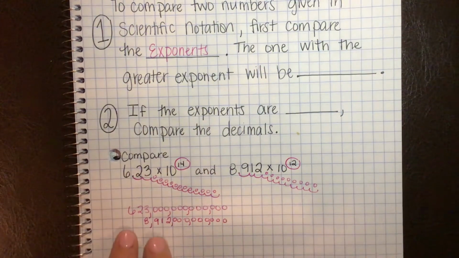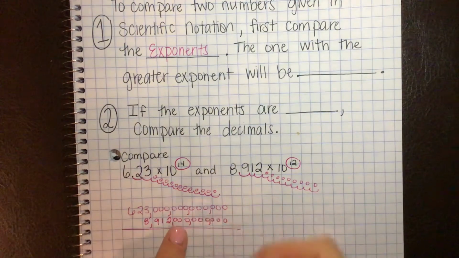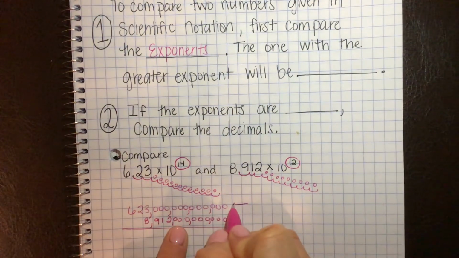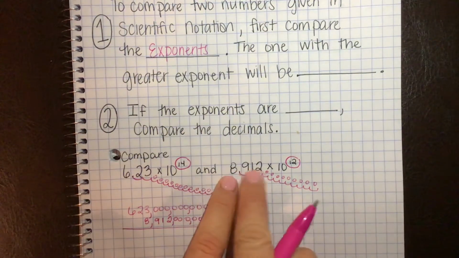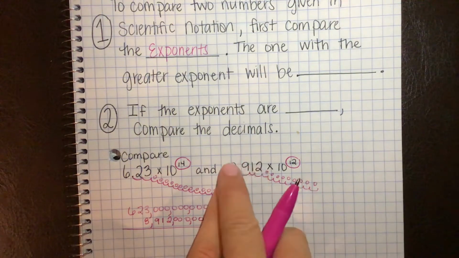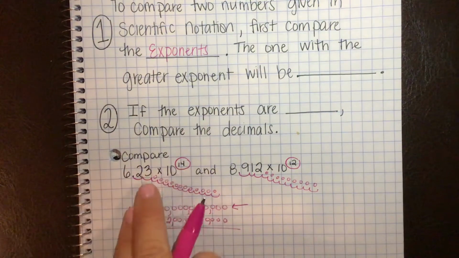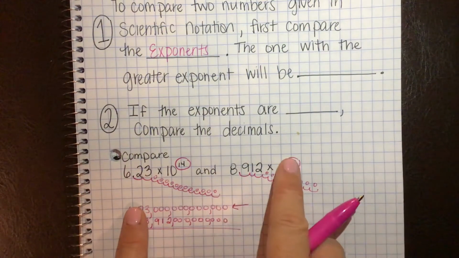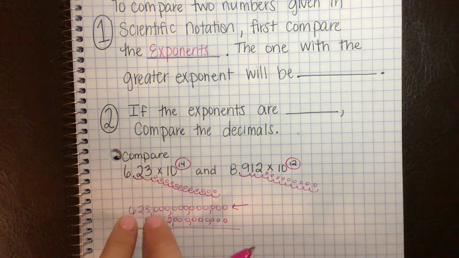So if I was trying to decide which of these was larger, this one is larger. Even though the 8.912 part is bigger than the 6, since I would have to move the decimal 14 times, and this one I'd have to move 12 times, this number has to be bigger.